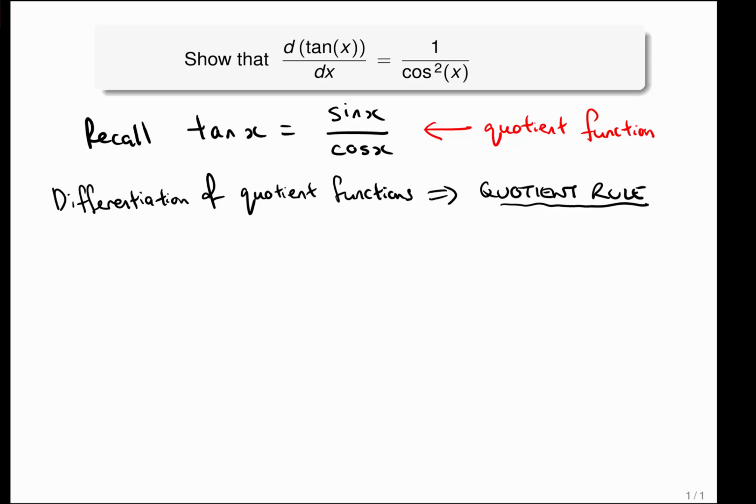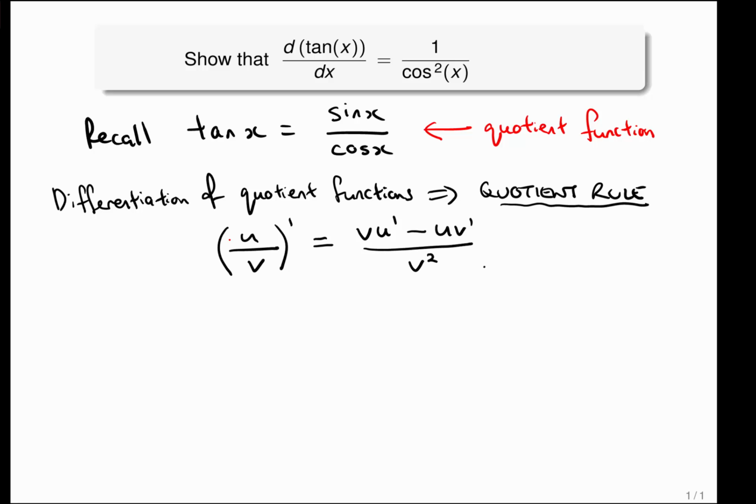The rule states the following. If I have a function, which I'll call u, divided by a function which I'll call v, then the derivative of this quotient function is given by: vu dash minus uv dash all over v squared.